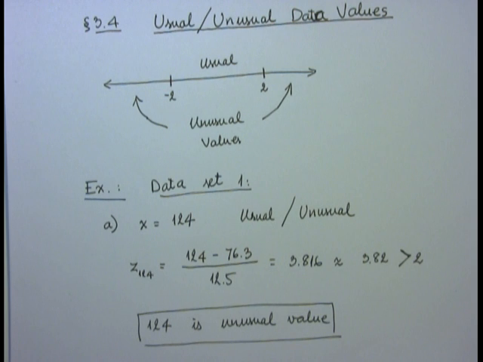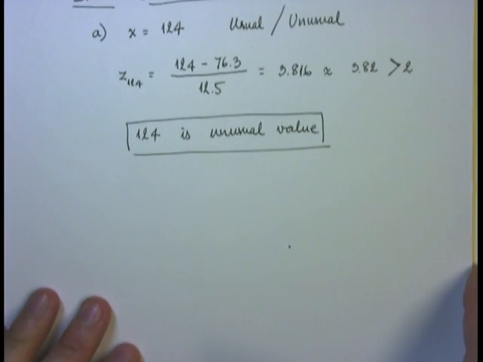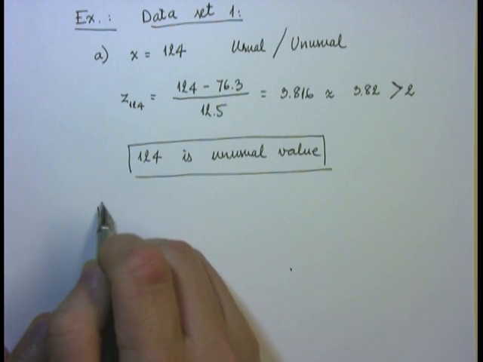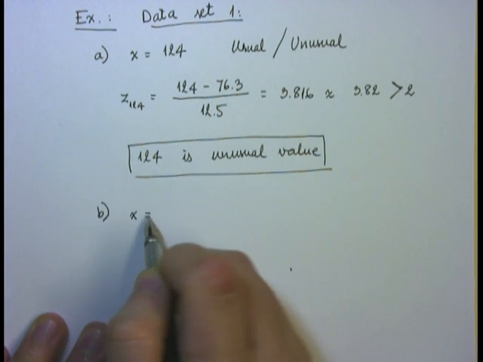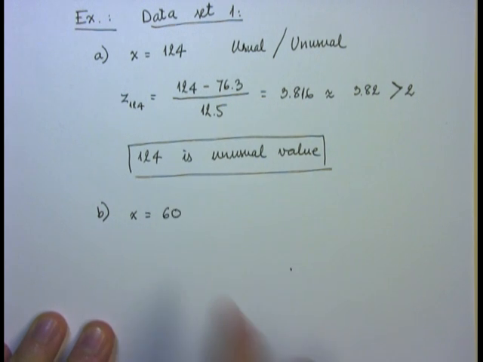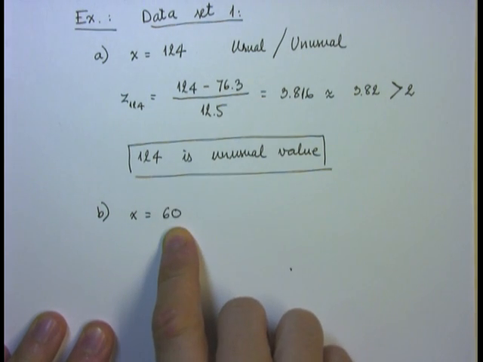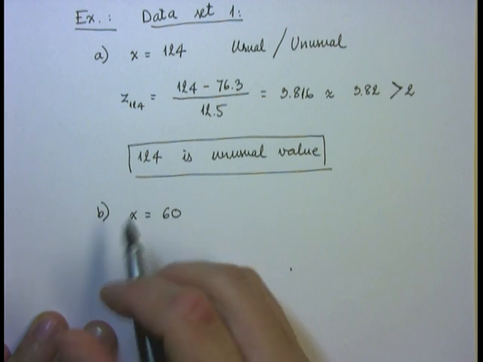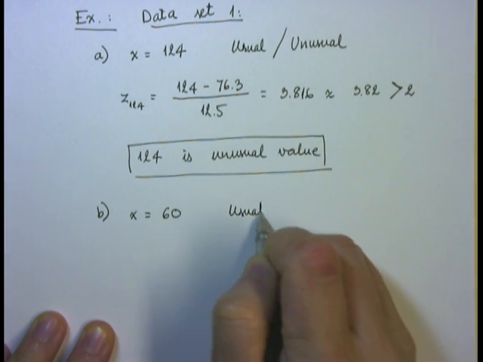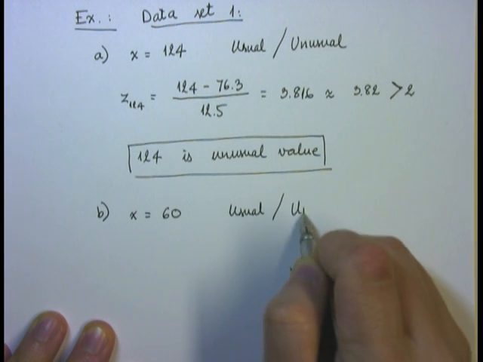Okay, now let's try again. Still in dataset 1, we're going to look at part B, and we're going to look at x equals 60. 60 is even the minimum data value on the list, but we want to find out if it's going to be usual or unusual.